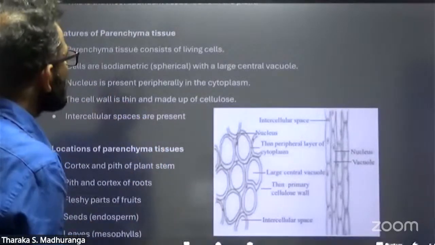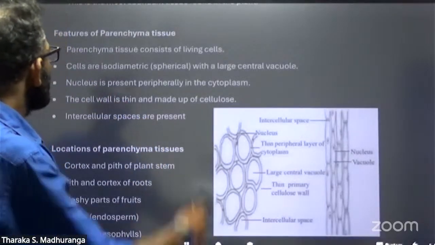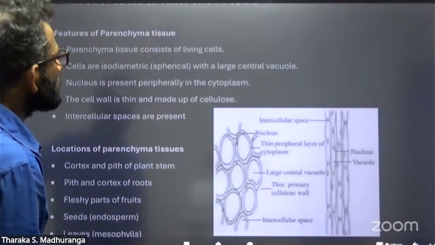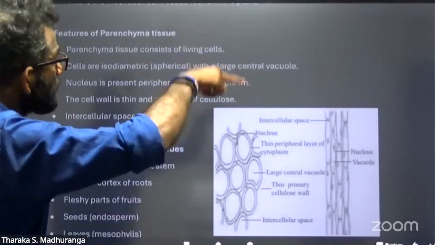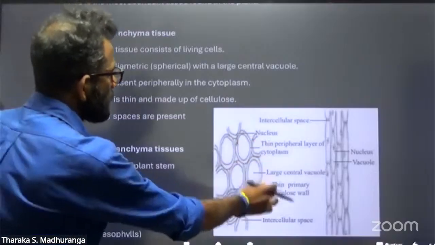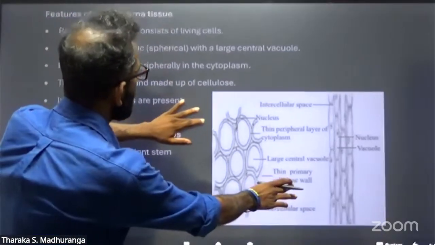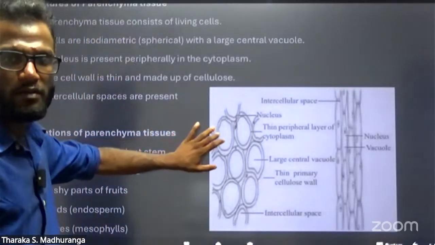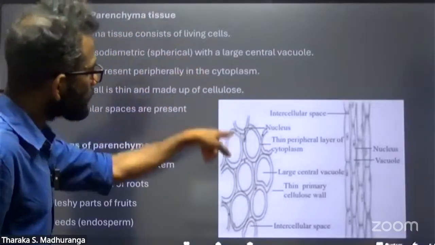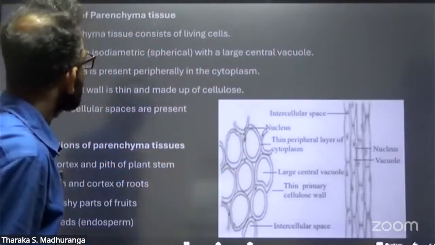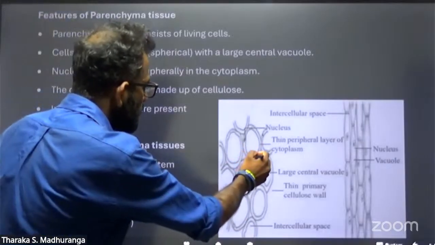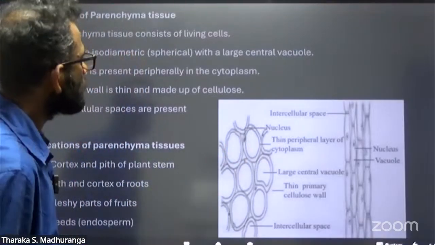Parenchyma tissues consist of living cells. The cells contain large central vacuoles. A nucleus is present. You can see these cells and understand with the given features. They are all live cells with large vacuoles, and every cell has a nucleus.